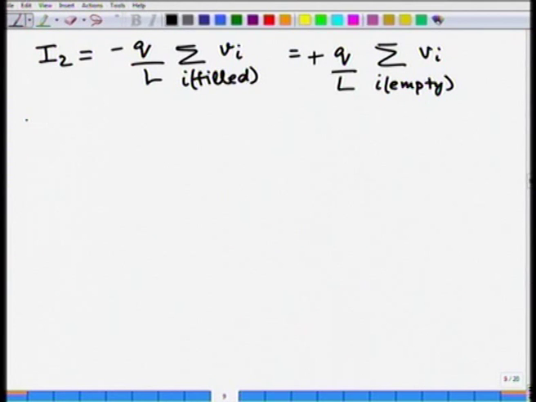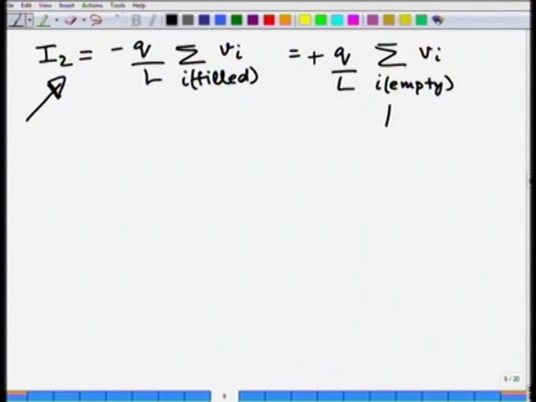Instead of having to carry out the summation on Avogadro number of particles in band number 2, because it is nearly full, I can get the same value of current by carrying out this summation not over the filled states, but over the empty states.